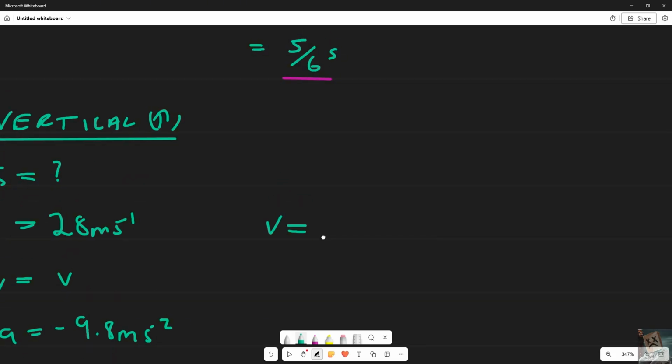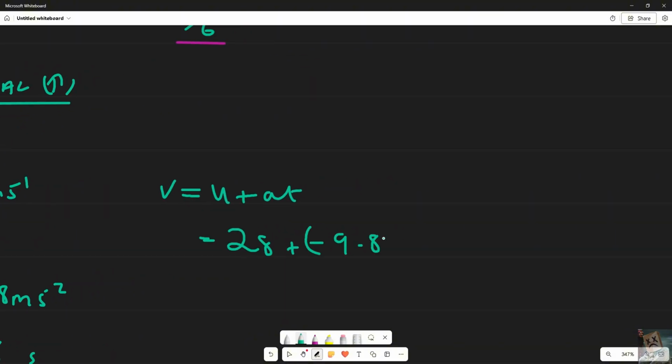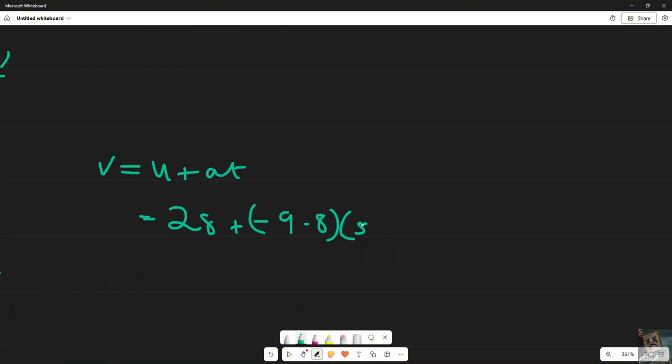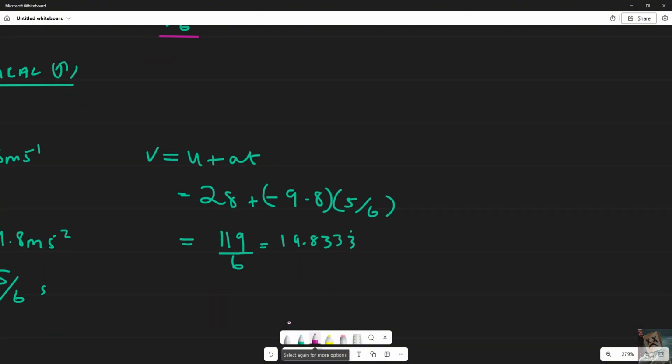So now we can use V equals U plus AT equals 28 plus minus 9.8 times 5 over 6. Then we can slot that all into the calculator, which gives us 119 over 6, which is 19.8333. So we'll just leave it as that for now.